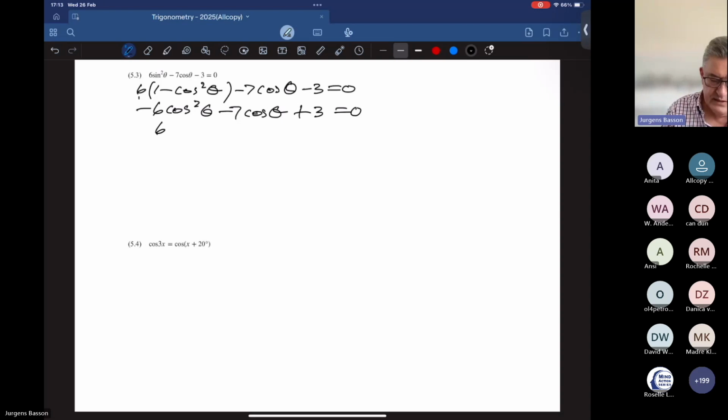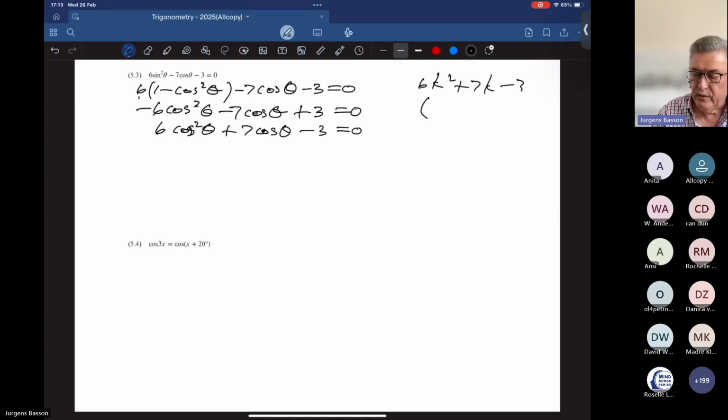Then we get 6 cos squared theta plus 7 cos theta minus 3. Again, 6k squared plus 7k minus 3 if we want to factorize it quickly. And then we can write down those factors here. And then we solve them. I think you will agree with my factors.